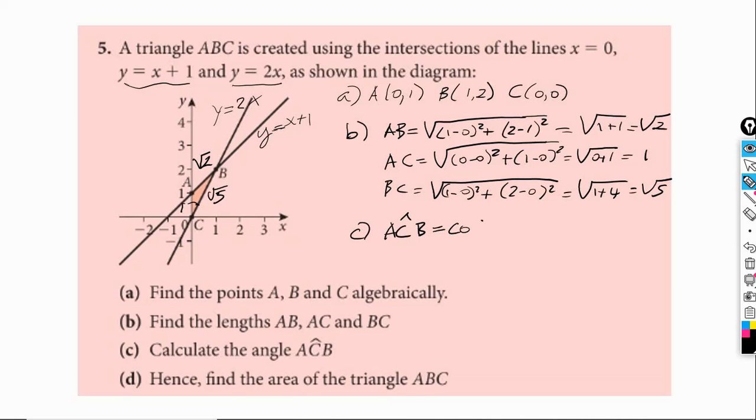So remember that the inverse cosine of an angle in any triangle is going to equal the side lengths that are next to it squared, so that's going to be 1 squared plus square root of 5 squared minus the opposite length squared, square root of 2 squared, and this over 2 times A times B, the two lengths that are next to the angle that we want to find.